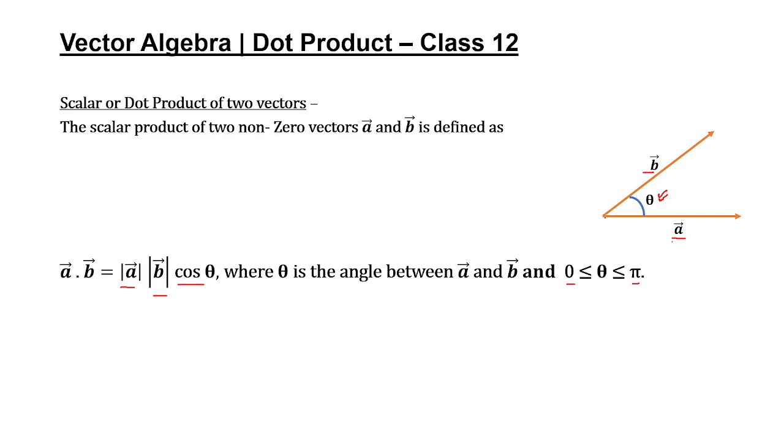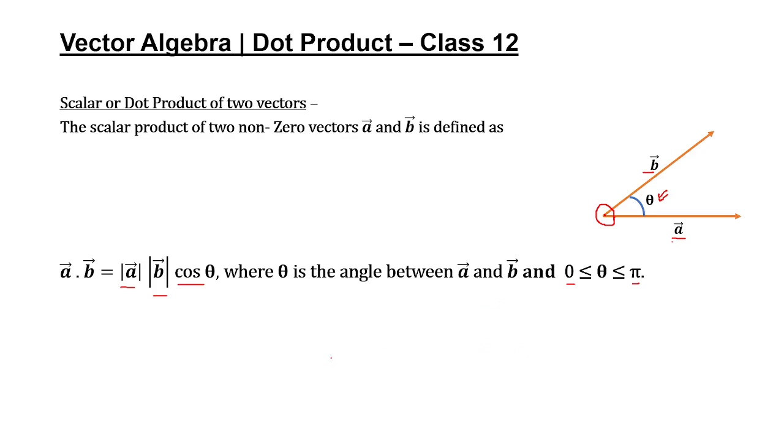If you observe this figure carefully, then you find that the initial points of vector A and B are meeting at a common point. So this is very important to find out the angle between the two vectors.